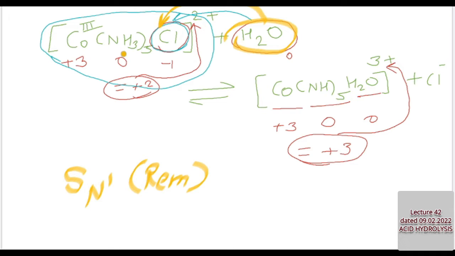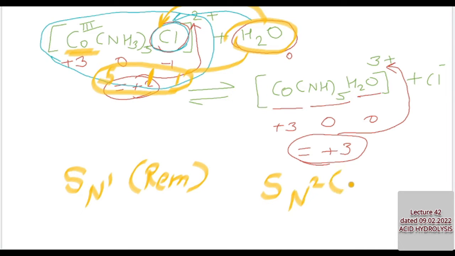Now there will be 5 ammonia molecules, 1 chloride ion and 1 water, so a total of 7 ligands around cobalt plus 3. The coordination number will be 7. It's an association mechanism, which we call the SN2 mechanism. Water is associated first and then chloride is removed. These two ways are there.